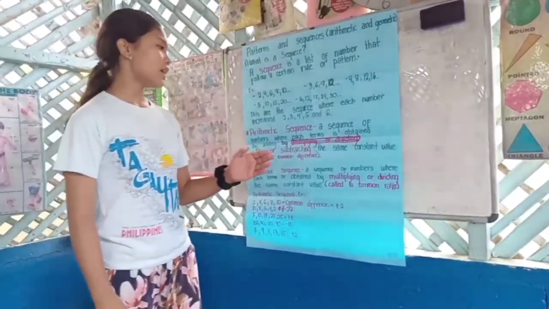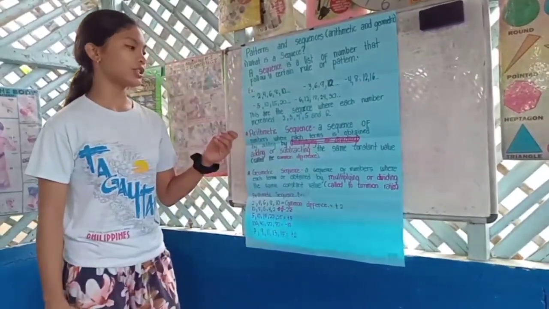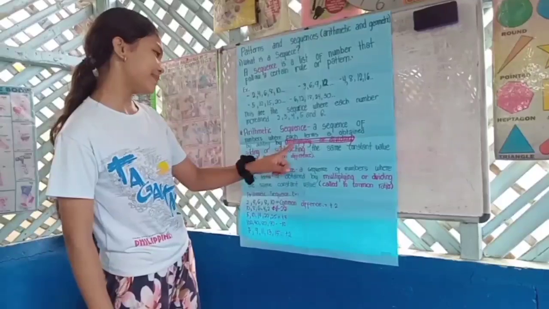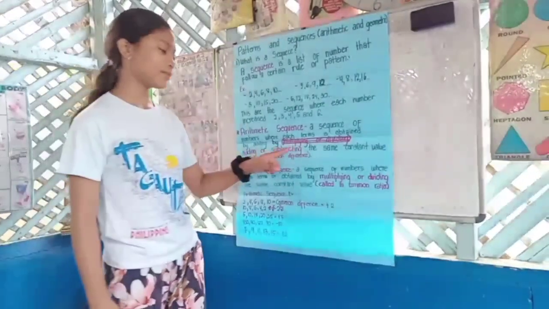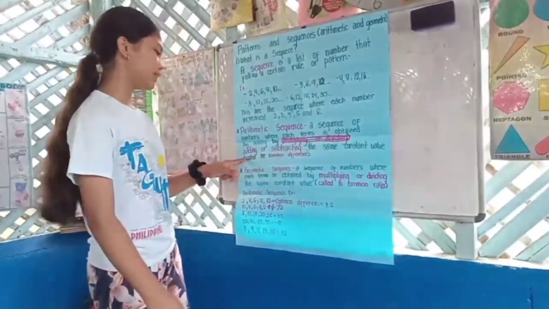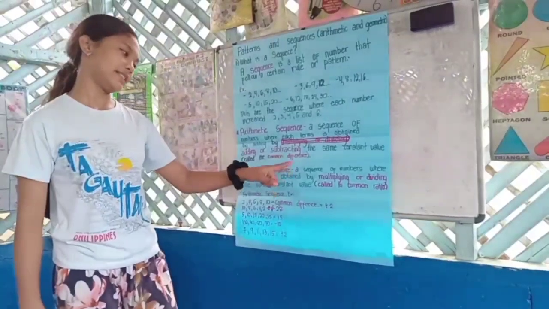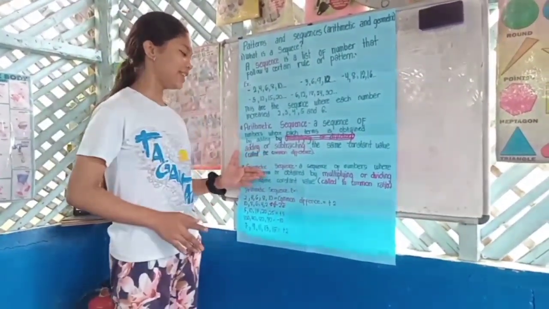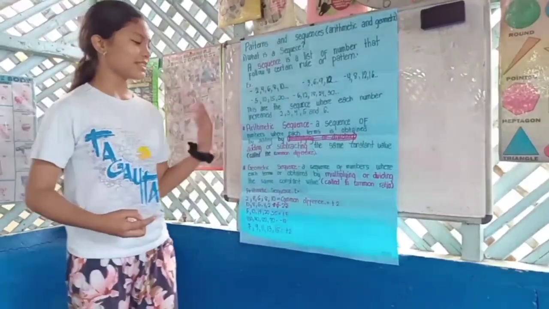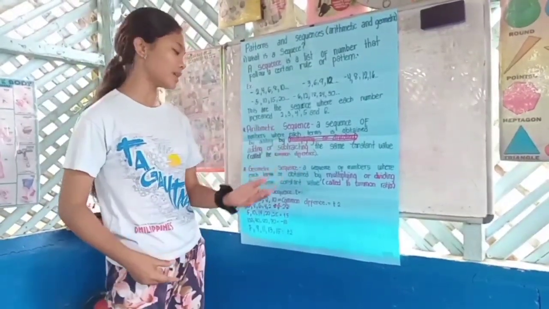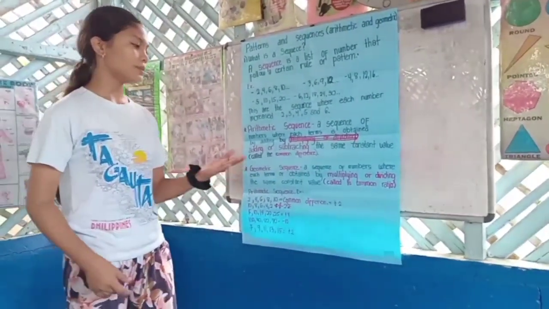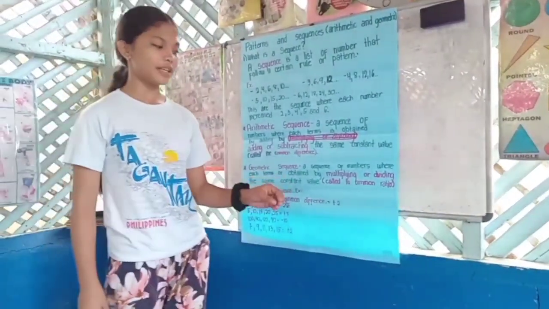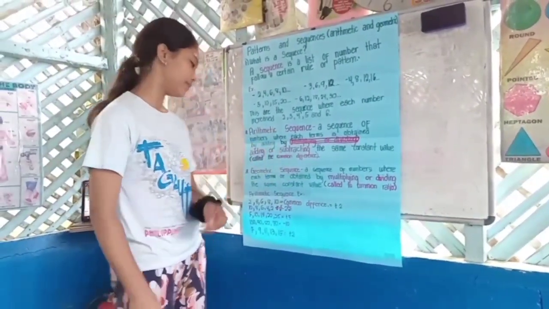An arithmetic sequence is a sequence of numbers where each term is obtained by adding or subtracting the same constant value, called the common difference. Now, let's move on to the geometric sequence, a sequence of numbers where each term is obtained by multiplying or dividing by the same constant value, called the common ratio.